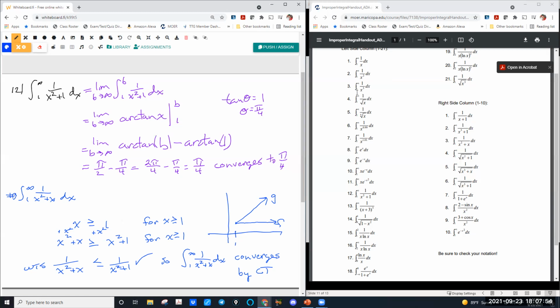In your groups, pick one of the ones on the left-hand side that I didn't do. We did 1, 2, and 12. Pick any of the other ones to try, just to practice calculating an improper integral. I don't know that you'll have time to do the comparison test, but just try one.